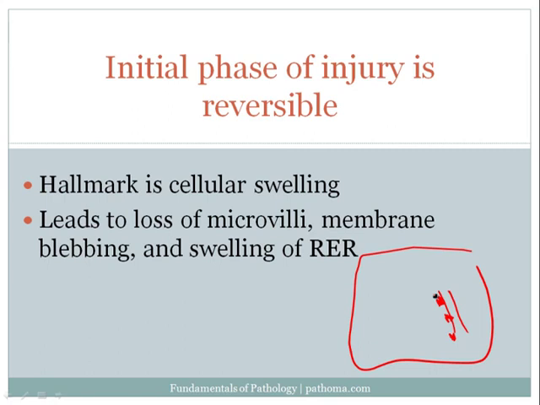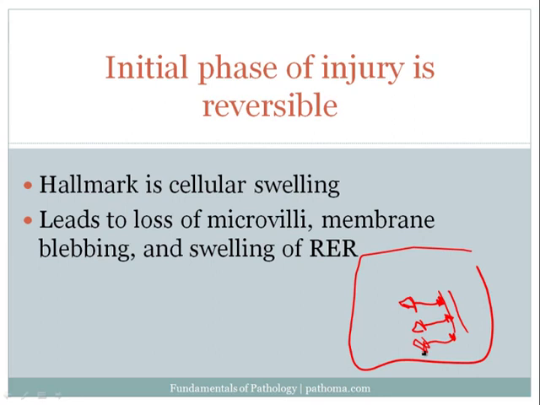Now, let's remind ourselves: the ribosomes that are attached to the endoplasmic reticulum, are those attached covalently, or is it a loose association? It's a loose association. And because it's a loose association, one of the consequences of swelling of the rough endoplasmic reticulum is that these ribosomes will actually pop off. When these ribosomes pop off, protein can no longer be synthesized properly, and therefore another sign of reversible injury is decrease in protein synthesis.